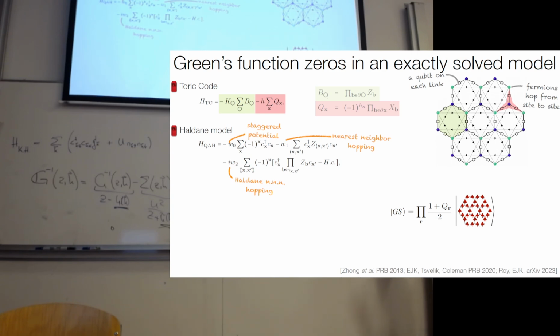This is actually something a bit more complicated. There's another mass term which, in the K and K prime valleys, looks like this: plus or minus W2 sigma z.